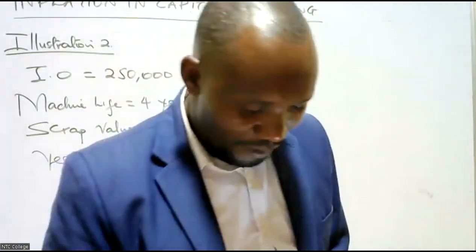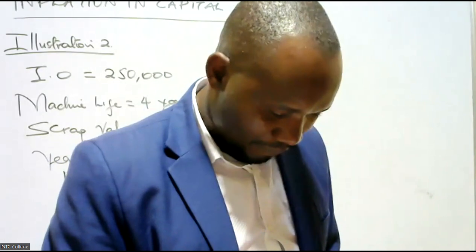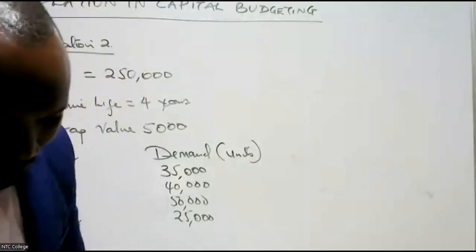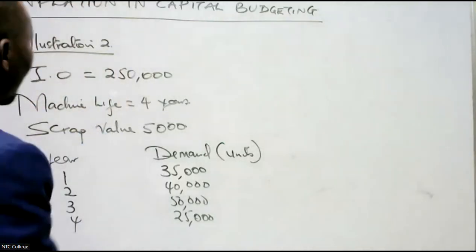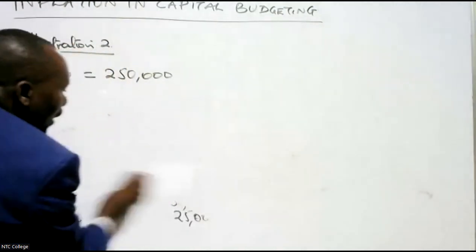You can even start with the depreciation, because that is direct. You need that depreciation so that you can calculate the cash flow.